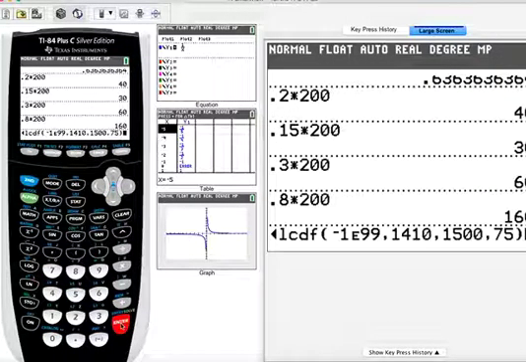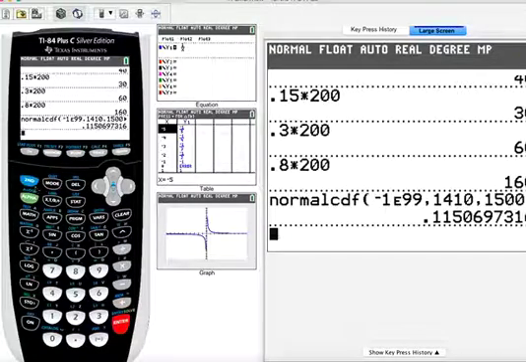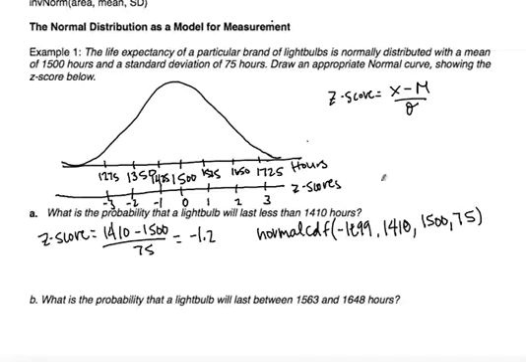So whenever you do that, you would get 0.1151.